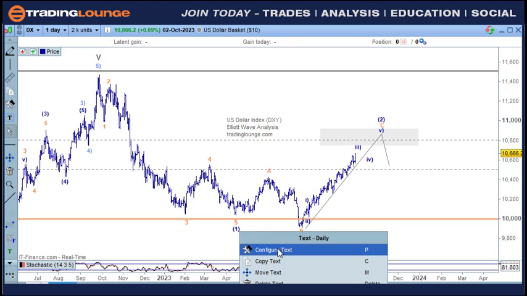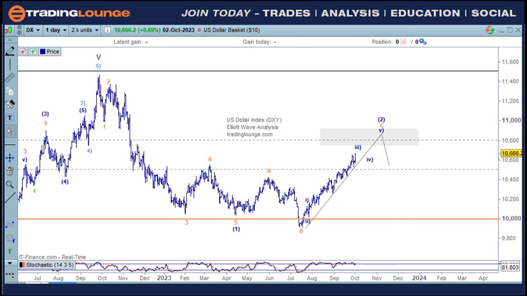I've got it as wave 1, which is pretty ambitious, but we can look at it as wave A, which is probably a little bit less frightening, let's say. So we'll take it like that.